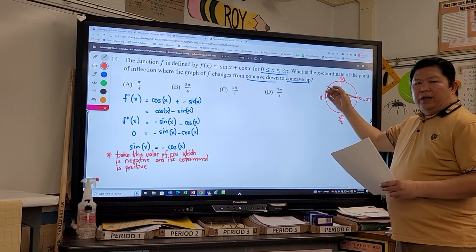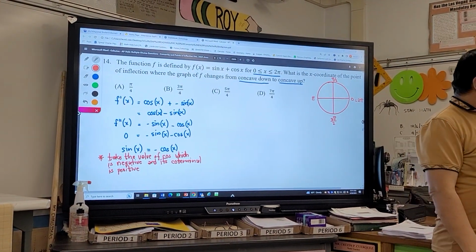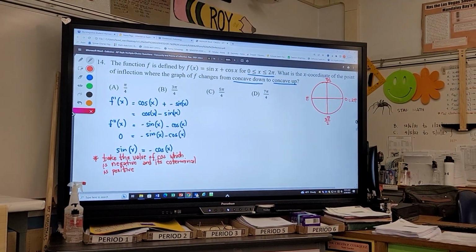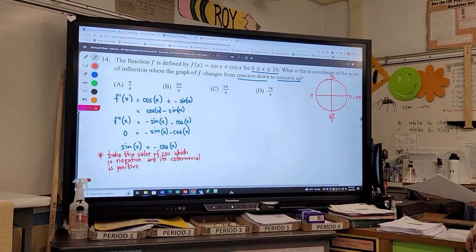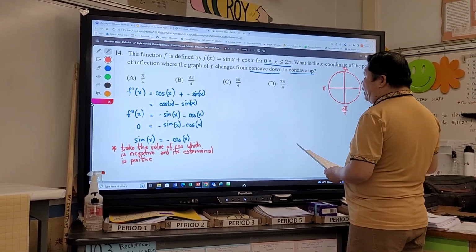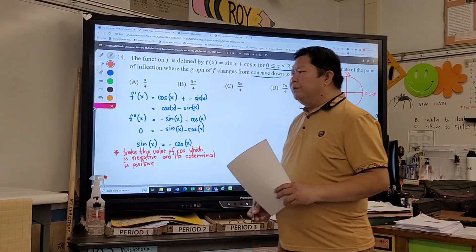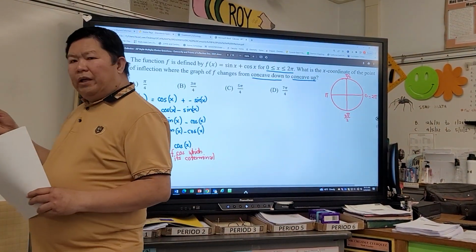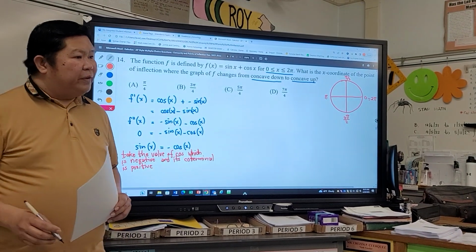So we take the value right here, the negative cosine. I'll try taking 3 pi over 4. What is 3 pi over 4? It's going to be 135 degrees, right?